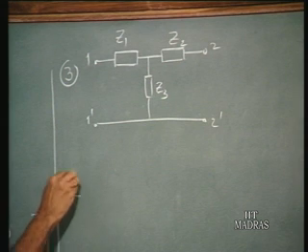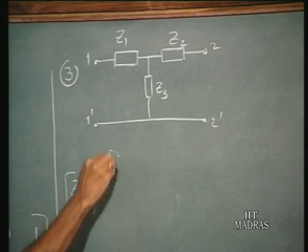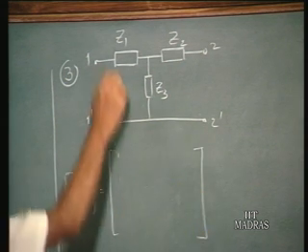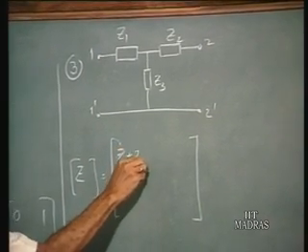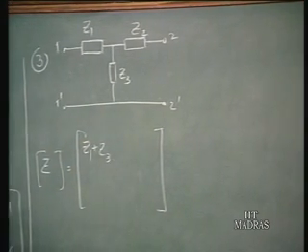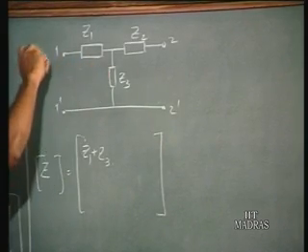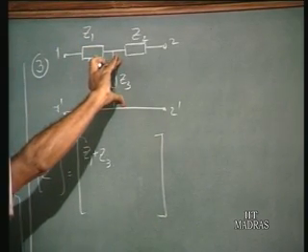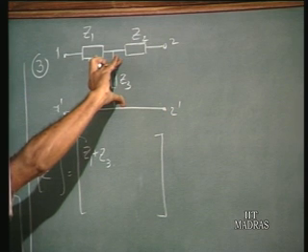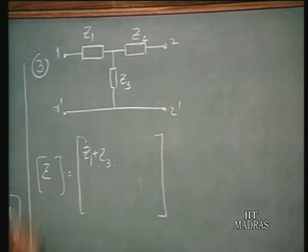Therefore, the Z matrix for this will have Z11 as Z1 plus Z3, Z21 is simply Z3 because a current I1 flowing through this will develop a voltage Z3 times I1 across this shunt branch, which is also the voltage across port 2.